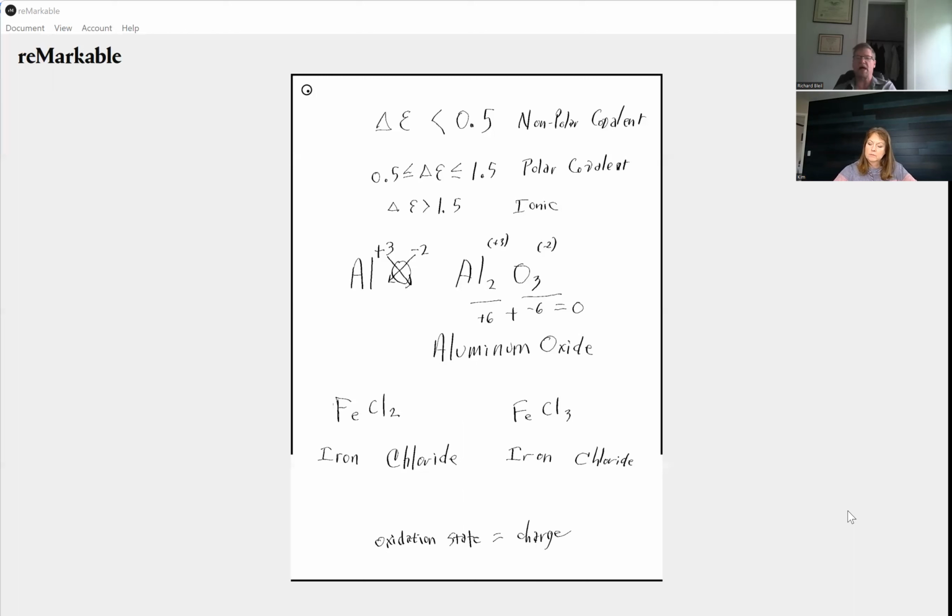If we look up iron on the periodic chart, it's kind of interesting. Iron is the most stable nucleus on the entire periodic chart. Anyway, it's element number 26.